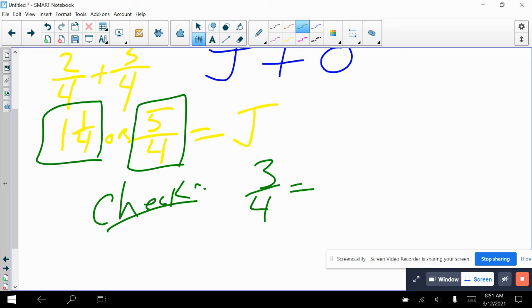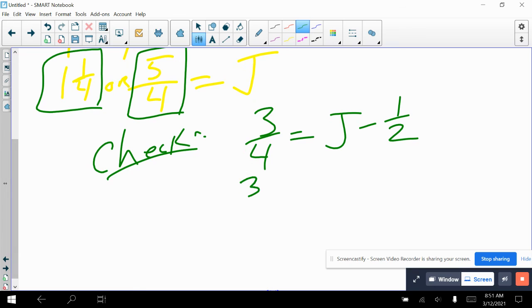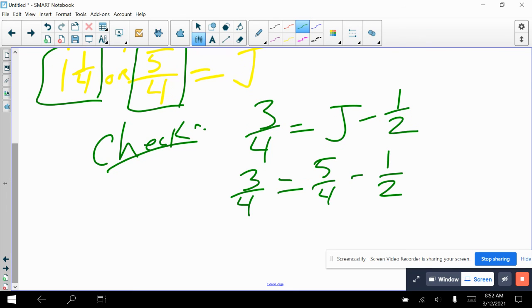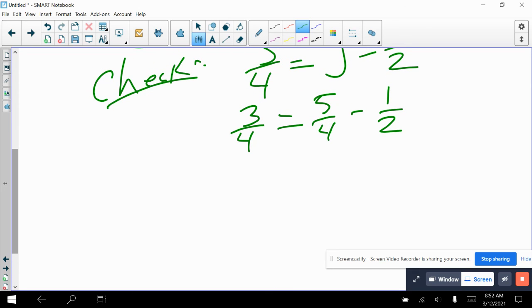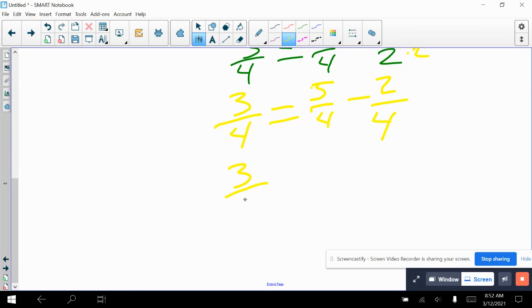3 fourths is equal to j minus a half. So we have 3 fourths is equal to 5 fourths minus 1/2. Can we subtract them in their current form? The answer is no. We got to do this: 3 fourths is equal to 5 fourths minus 2 fourths. 3 fourths is equal to 3 fourths.